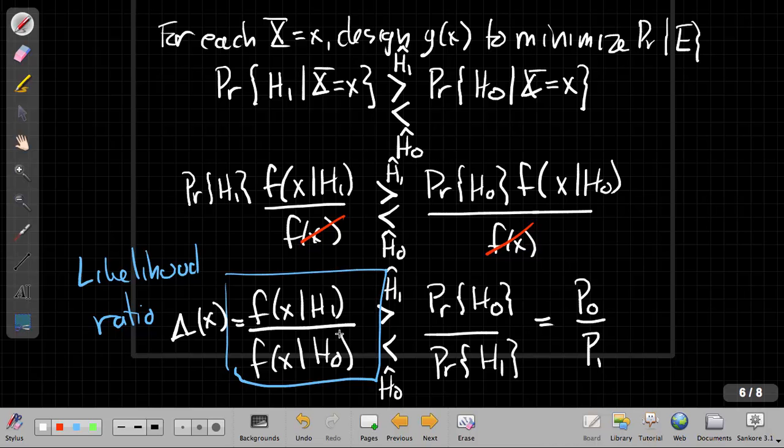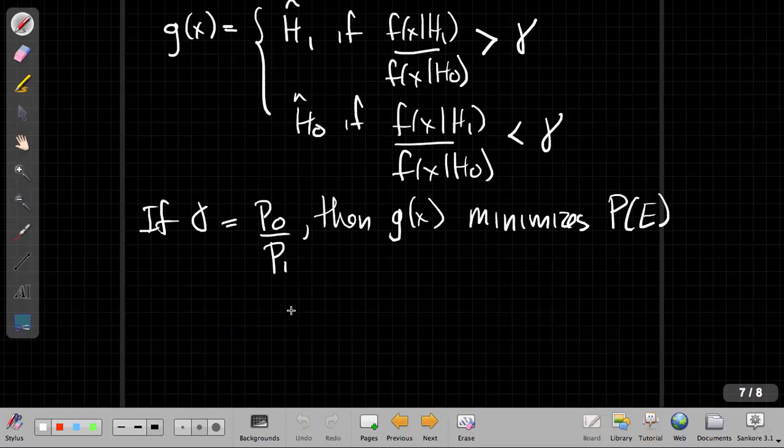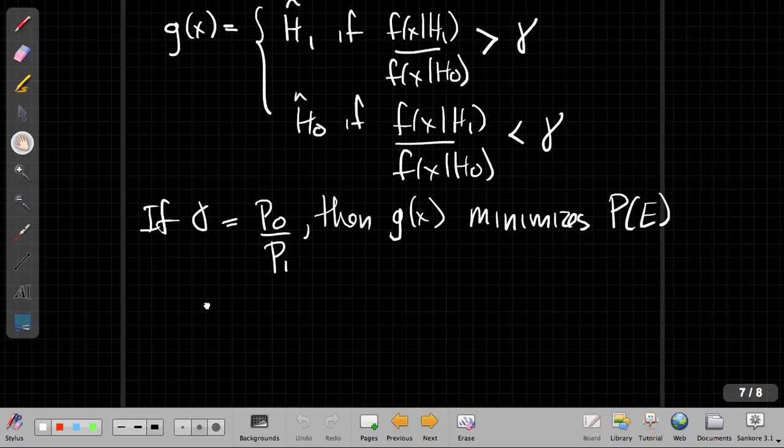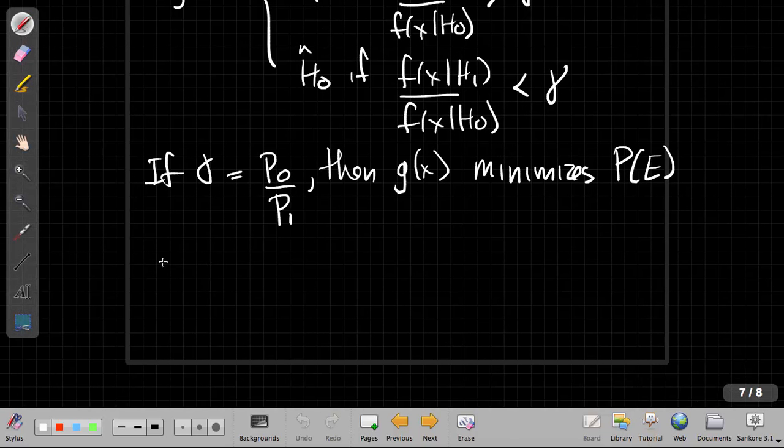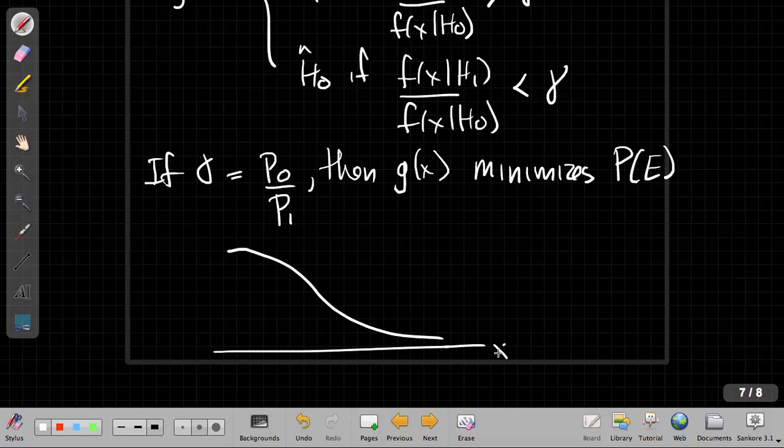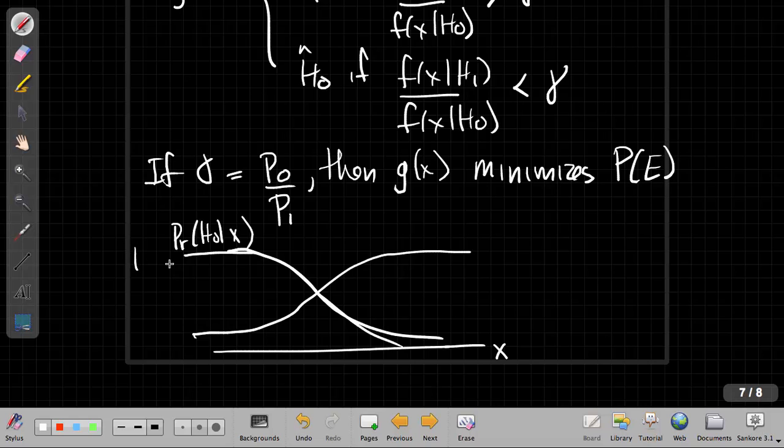And to give you an intuitive model, I could sketch what this equation is saying. It's sometimes helpful to have a picture in your head. As I look at my random variable x, I might have a model that looks something like this, that this is the probability of H0 given x, and then I've got something going the other way like this, where they both are sort of ramping up to 1.